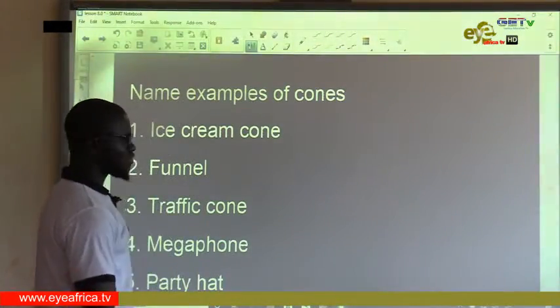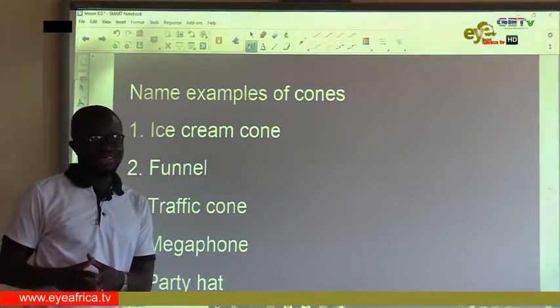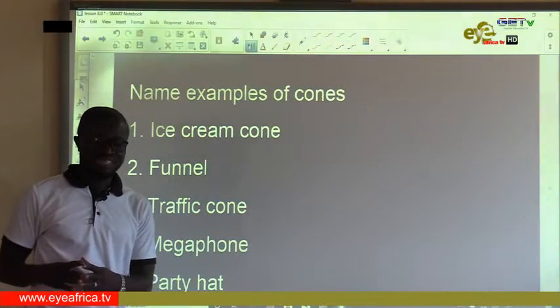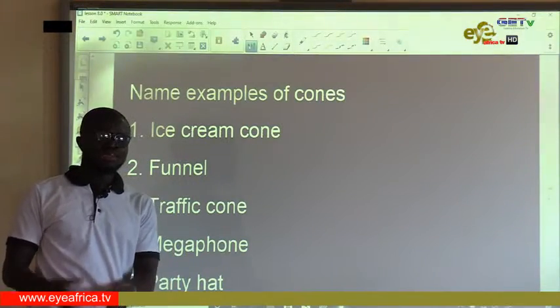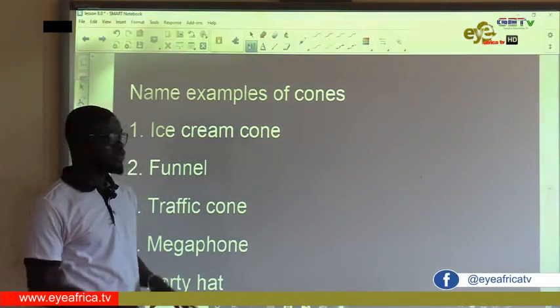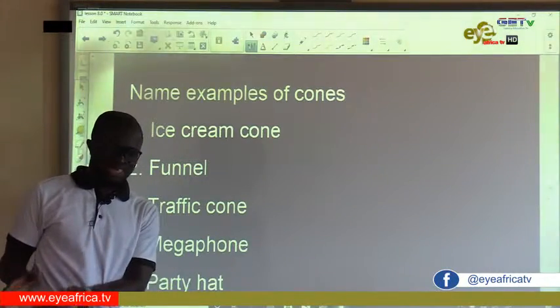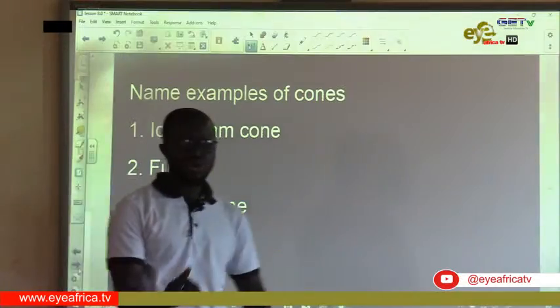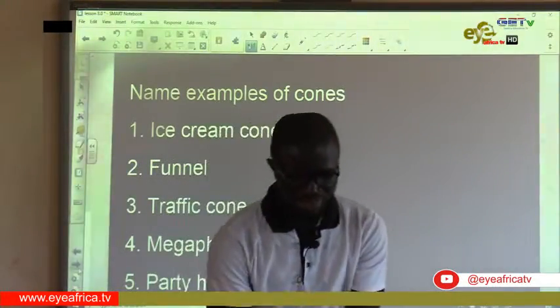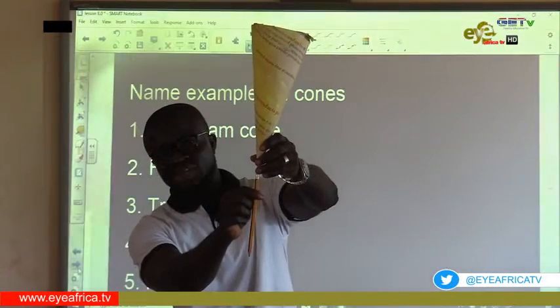We also have another example to some extent, not 100%, but if you look at the object itself, it has features that enable it to be termed as a cone since they look alike in some aspects. And what is that? It's the funnel. Although it has a tube, the funnel looks like this with a tube fixed at the what?